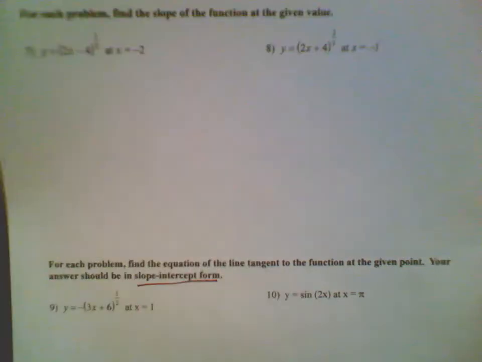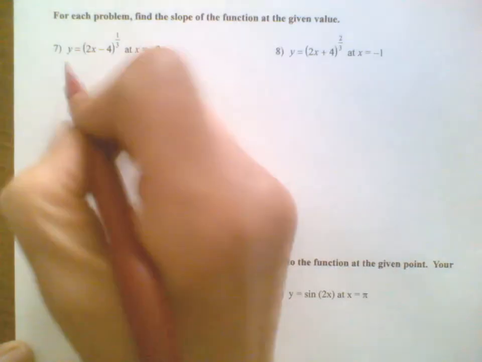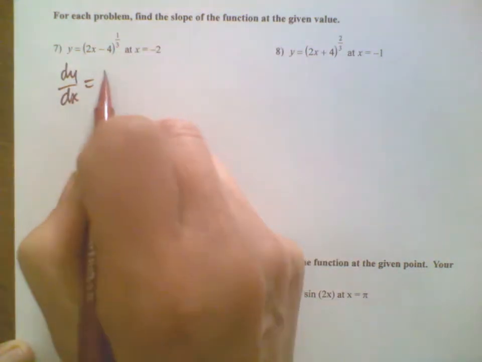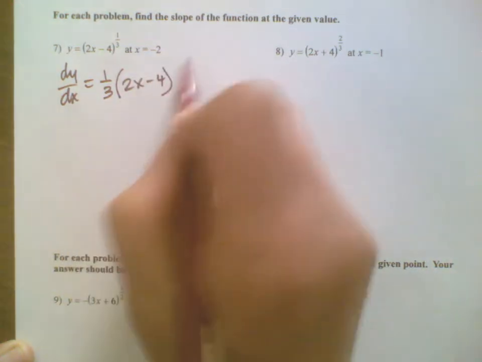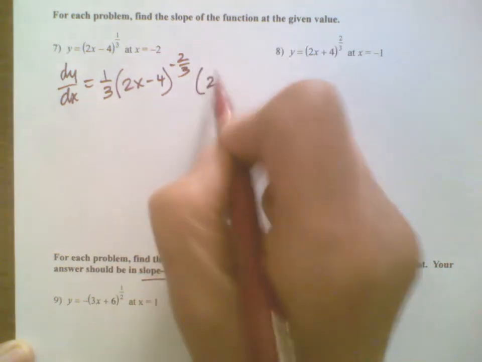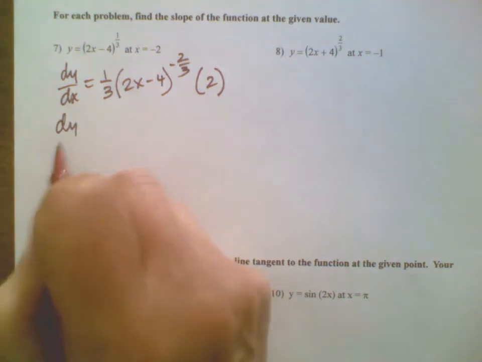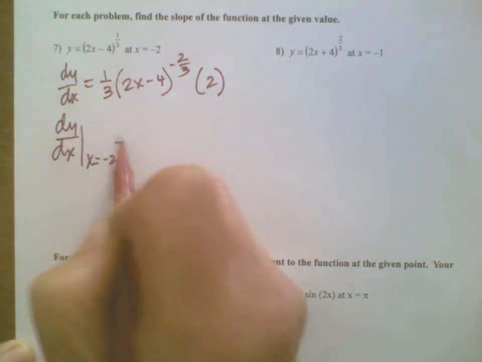So here we go. For number 7, I am going to jump in and do my derivative dy/dx. Chain rule, bring the power down, 2x minus 4 to the negative 2/3, because that's 1/3 minus 1, times the derivative of the inside. Now I want to evaluate this. dy/dx at x equals negative 2 means I plug in negative 2.